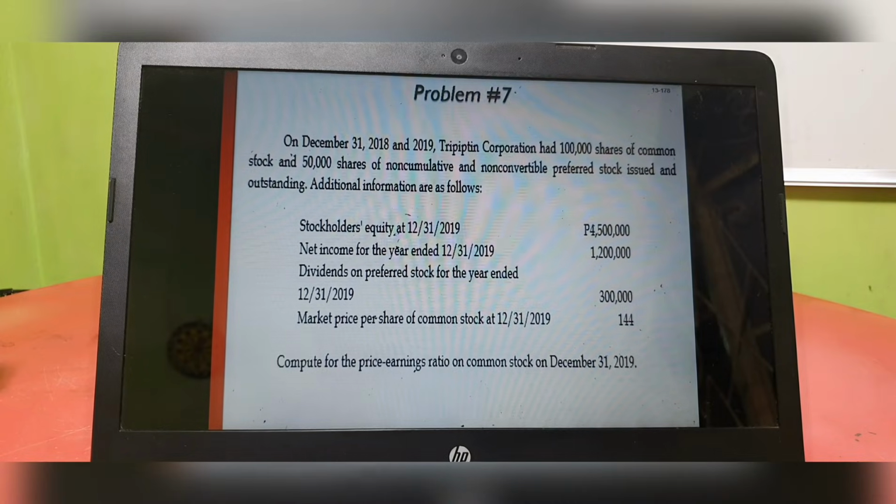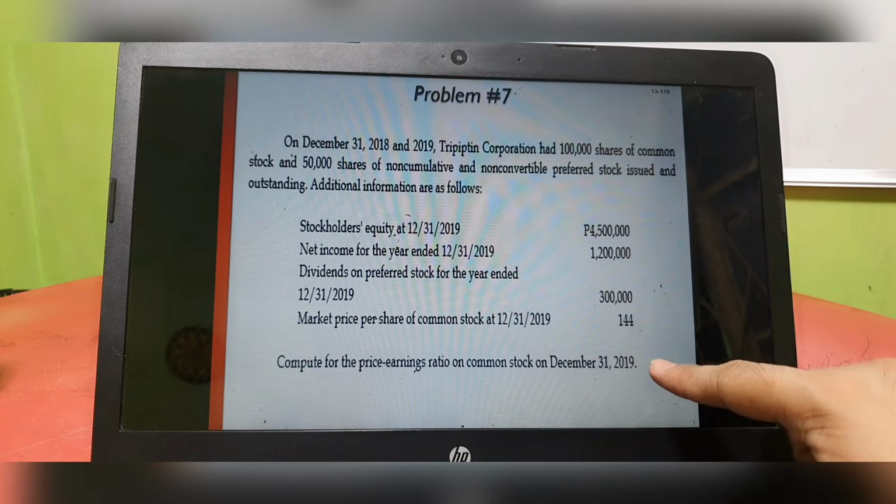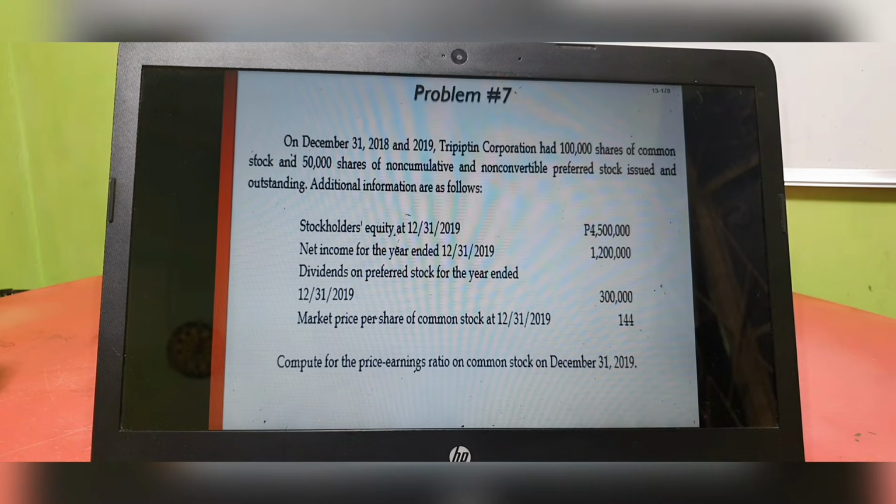Let us proceed with problem number 7. The requirement is for us to compute for the price-earnings ratio on common stock on December 31, 2019. Okay? So, price-earnings ratio, so market price per share over the earnings per share. So, let's compute.